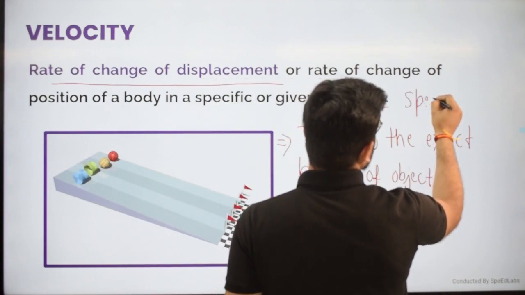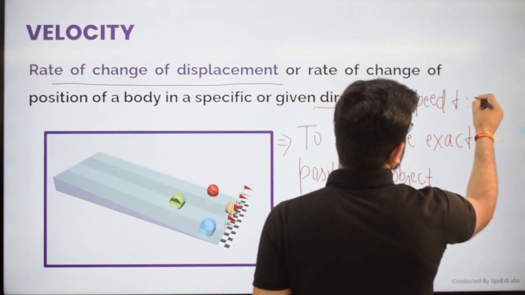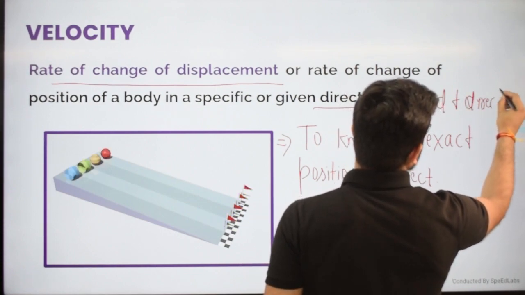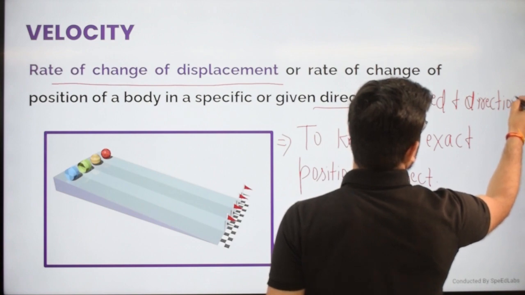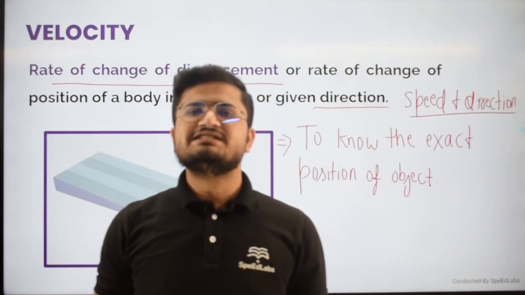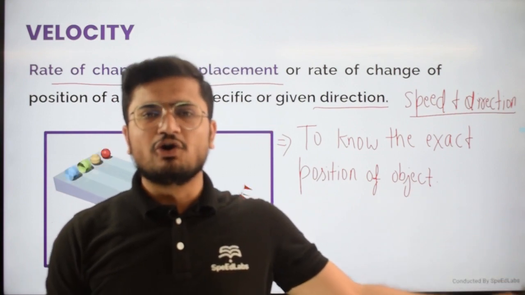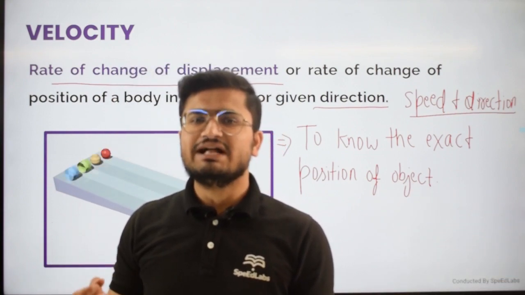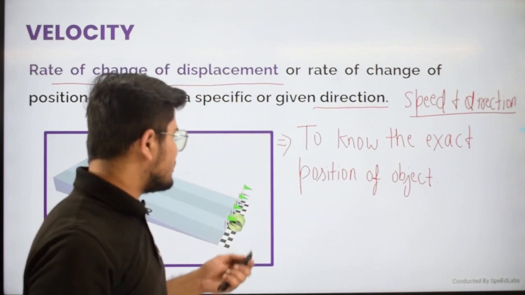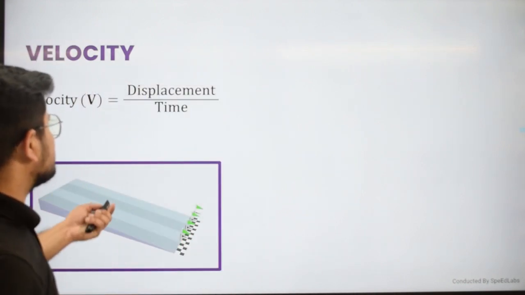I'm writing here, speed plus direction. You can say simply, it is just one step ahead from speed. It also tells us the direction, in which direction the body is moving. That velocity tells us.